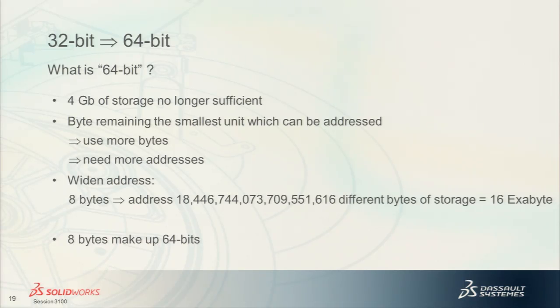I can't tell you how much that is, but it's 16 exabytes. That's quite a lot, an enormous amount of bytes. But this explains the name. We use 8 bytes, which makes up 64 bits, and that's where the name comes from. Of course, your CPU also now has to have registers 64 bits wide to make sure the data can be pushed into it and moved back to memory.